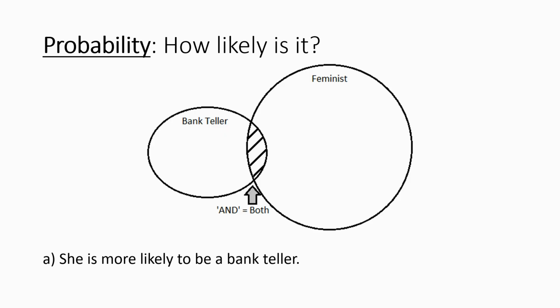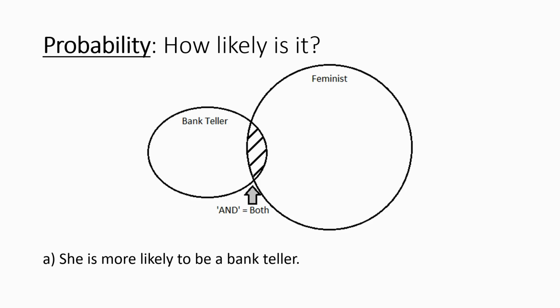Based on Linda's background, it seems obvious that she is involved in feminist causes. However, in probability, the word "and" means that both conditions must be true at the same time. So the likelihood of her being both a bank teller and a feminist is inherently lower than the likelihood of her being just a bank teller.